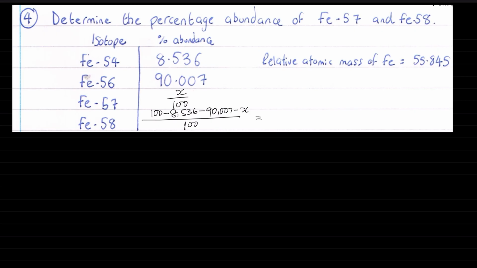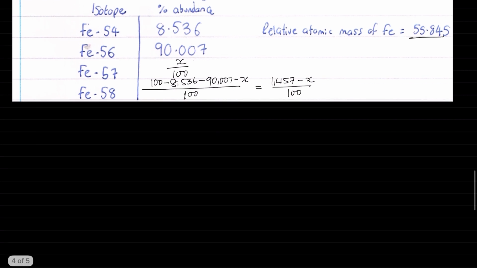So let's put that in the calculator. 100 minus 8.536 minus 90.007, and that's equal to 1.457. So 1.457 minus x all over 100. Right? Now, we have our relative atomic mass. We can go right ahead and we can solve.